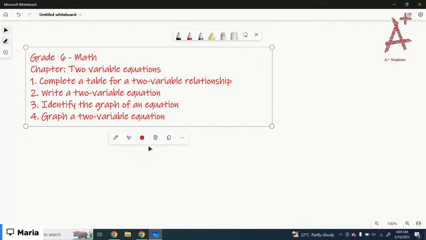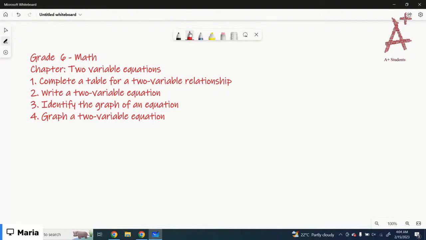So we're going to start with grade 6 maths. You can find all the lessons on aplusstudents.com. You have to log in there using your email address and the password provided by the administrator.